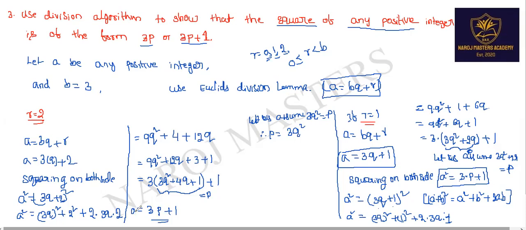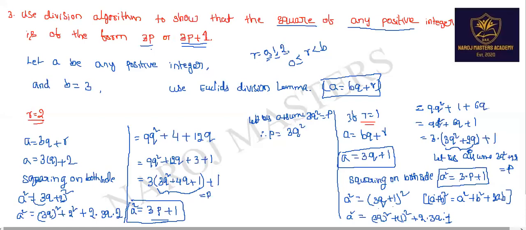Look at here, a square. If r is equal to 2, a square is equal to 3p plus 1. Is it correct? The square of any positive integer is in the form of 3p or 3p plus 1. Hence it is proved clearly. Understood?